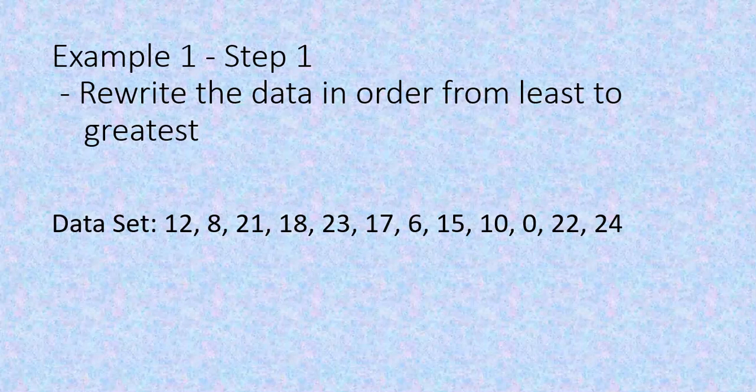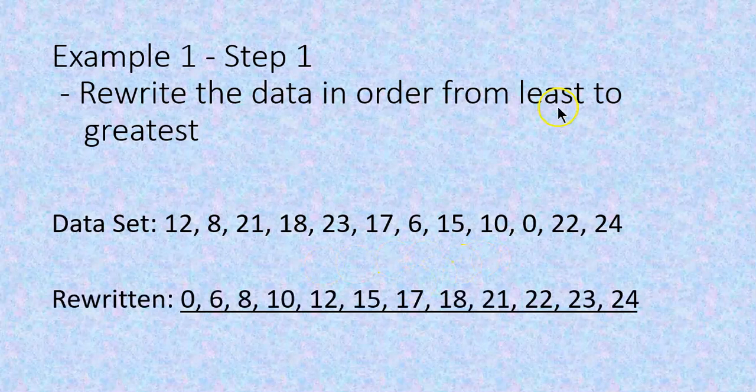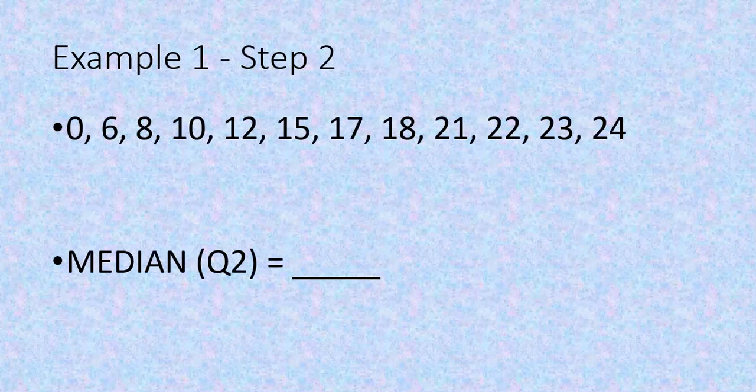So on your line, you're going to write 0, 6, 8, 10, 12, 15, 17, 18, 21, 22, 23, and 24. That's all of our stuff. So that's step 1. All we do for step 1 is rewrite it. Now, let's go to step 2.